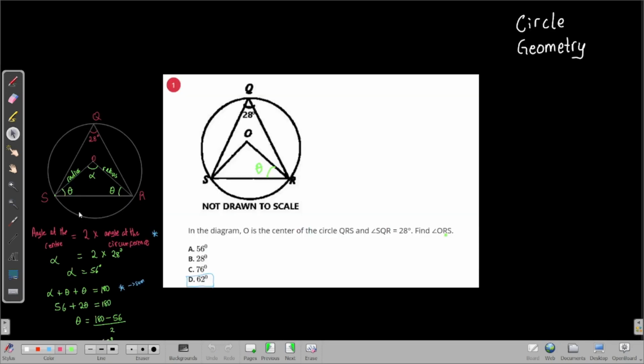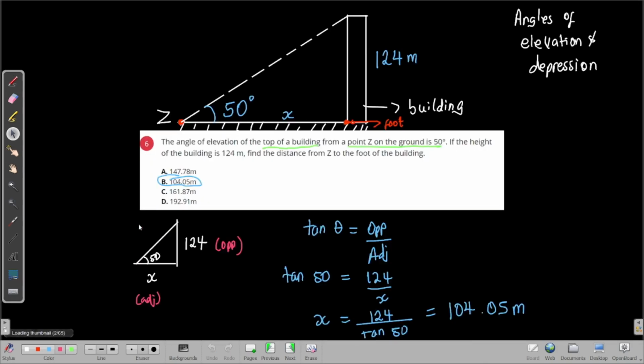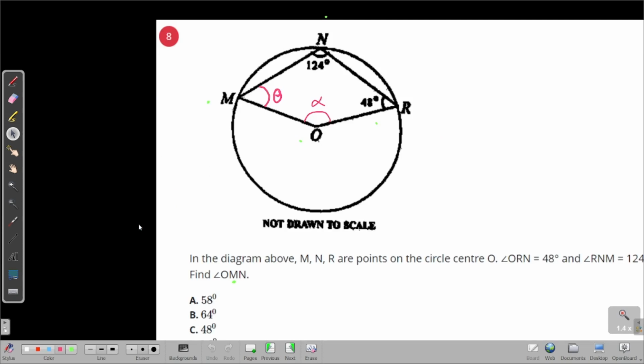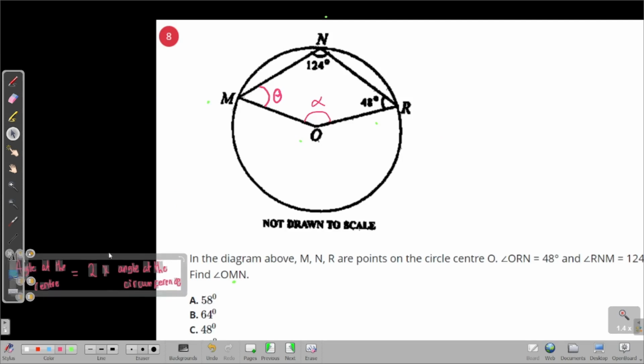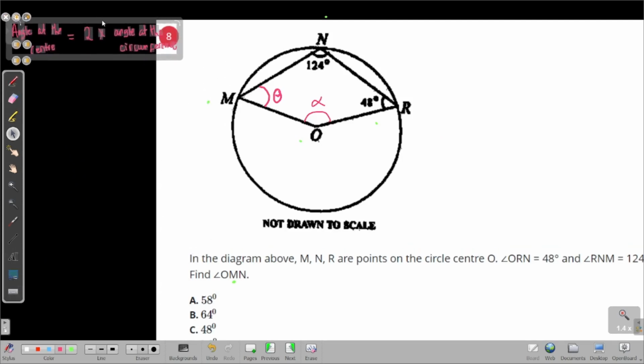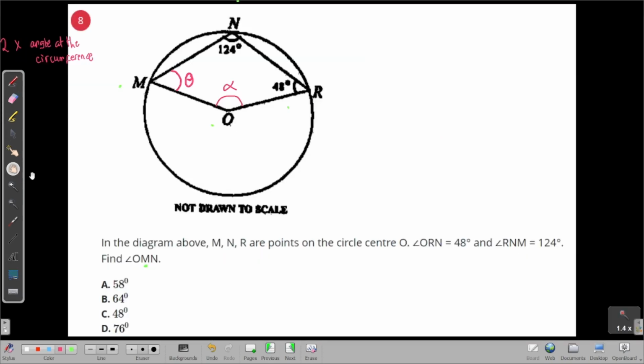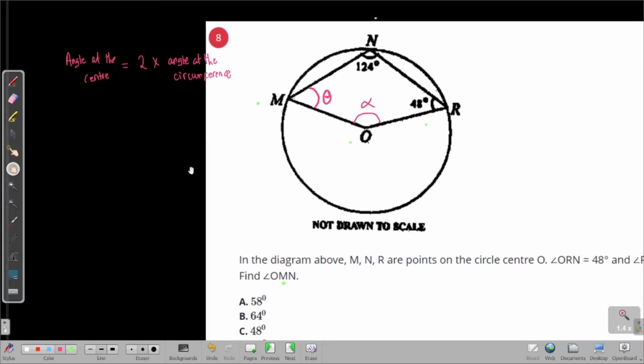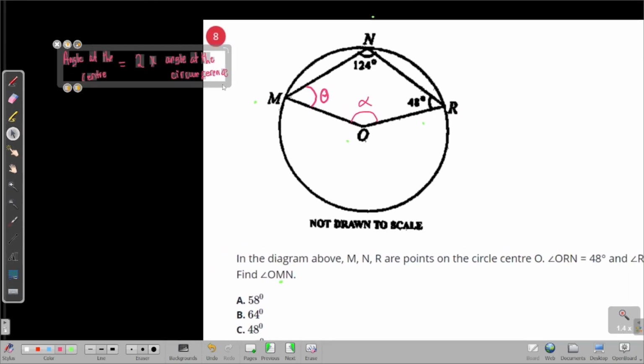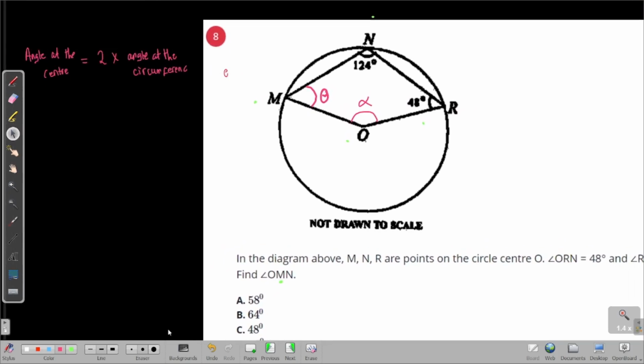Angle at the center is equal to 2 times angle at the circumference.